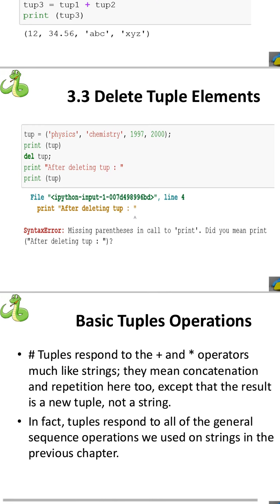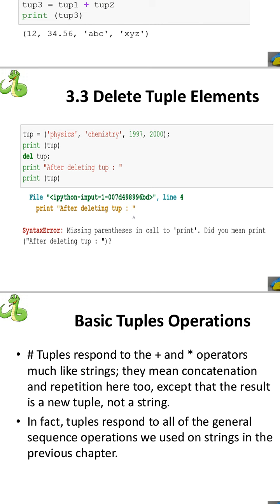Delete tuple elements. Again, deletion is also not possible on a tuple, because a tuple is immutable, we cannot modify the tuple elements. But the way we delete a particular character in a string using slice operation, we can also delete tuple elements.